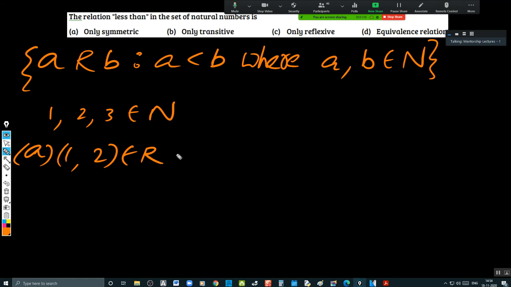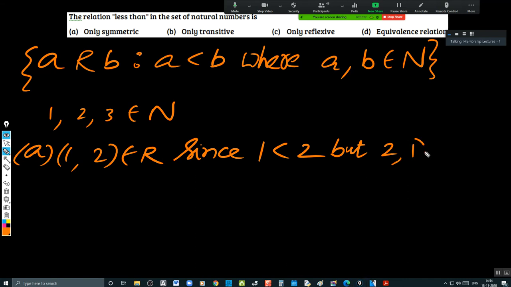How do you say that? Since 1 is less than 2. Are you there or not? Yes, sir. Now, symmetric: 1, 2 belongs to R since 1 is less than 2.